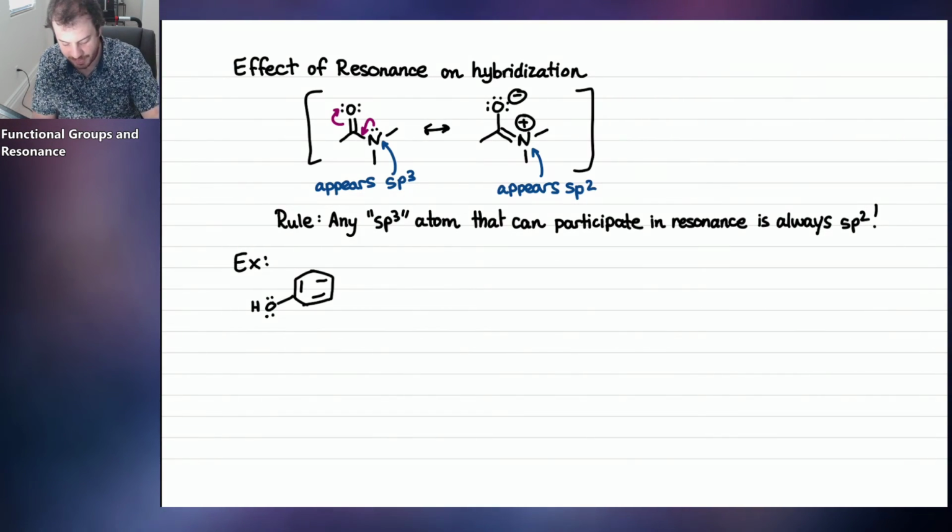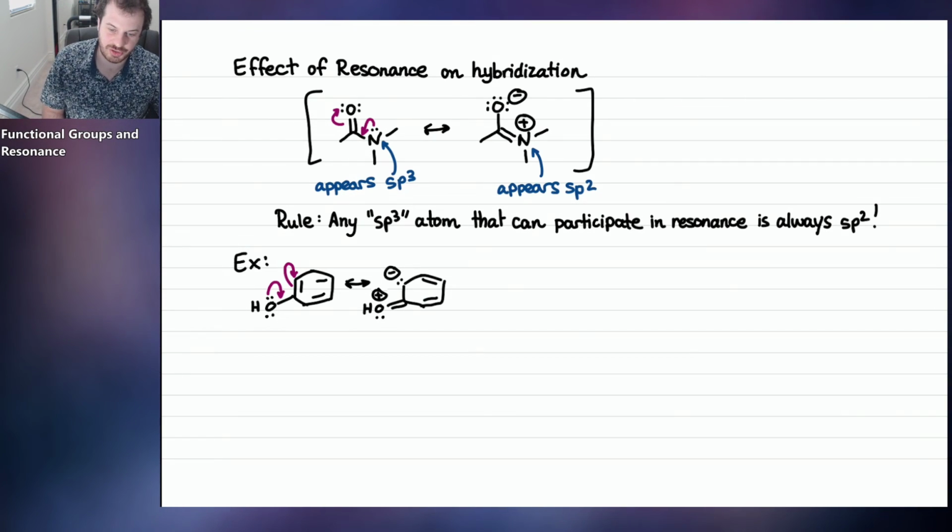However, we can draw a resonance structure where we move electrons, lone pair next to pi. That's supposed to be a plus charge there. And we get this structure here.